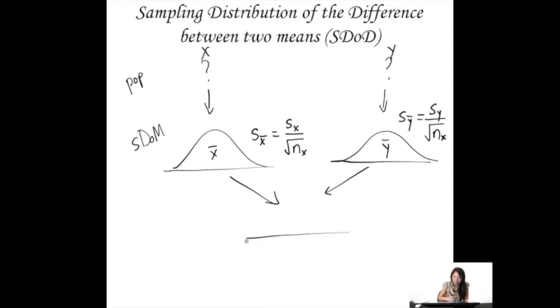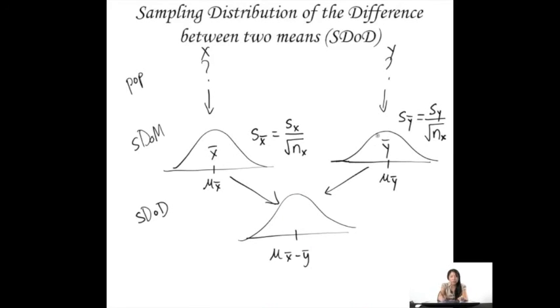And once we have that, now we could start talking about the sampling distribution of the difference between means. Here, what we really want to do is, instead of finding mu sub x or mu sub y, we want to know mu sub x bar minus y bar, right? And so here you have to think of pulling out one sample from here, one sample from here, getting the difference, and then plotting it, right?